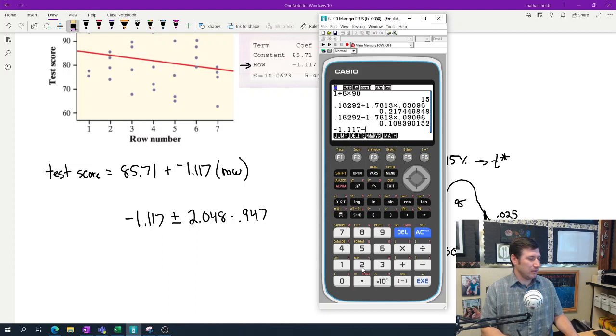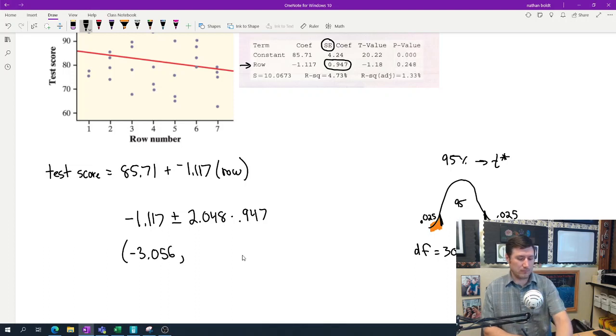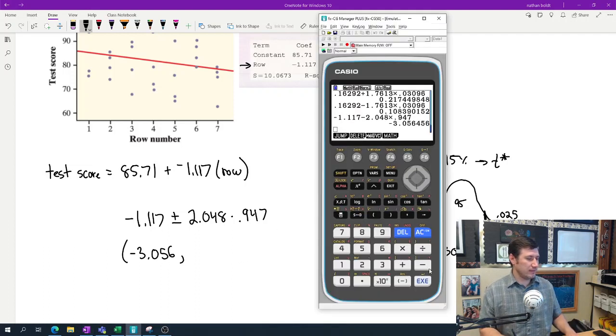Let's do the minus 2.048 times 0.947. So negative 3.056. And then the same thing, negative 1.117 minus 2.048. No, plus. There we go. 0.822.